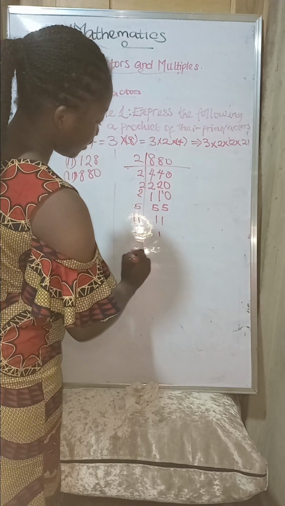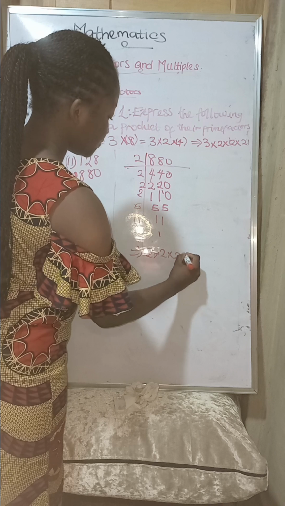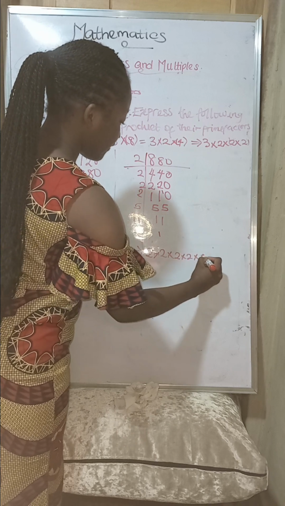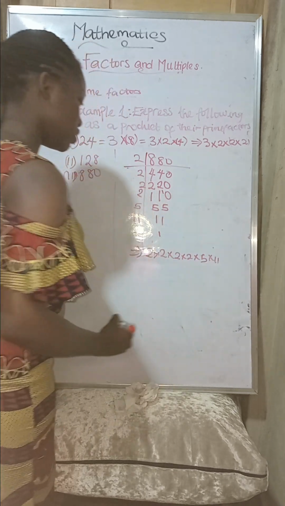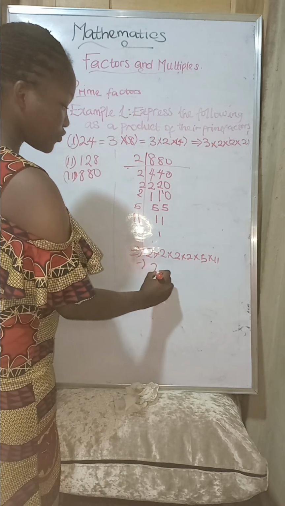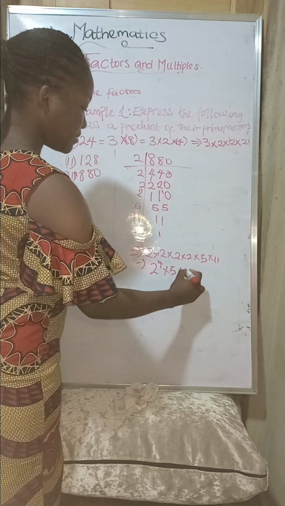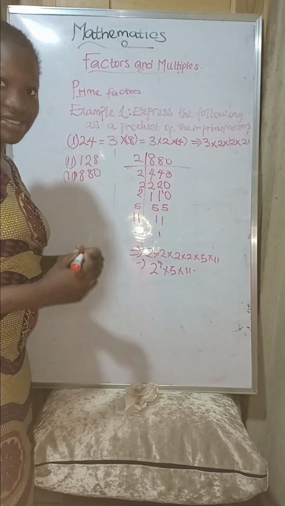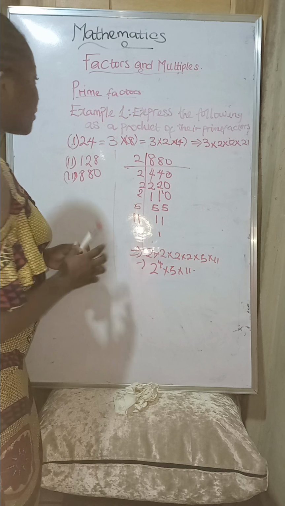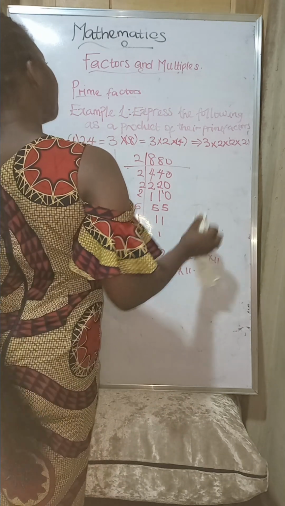So we have 2 times 2 times 2 times 2 times 5 times 11. If I want to write this in index form, I'll say 2 raised to power 4 times 5 times 11. Do we understand? So that's all on prime factors and writing in index form.